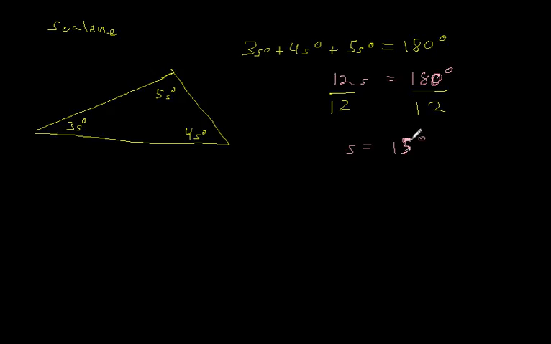But be careful, because you're not done yet. In fact, you've got to substitute 15 back into each angle measure. So let's start with 3s degrees. Well, that equals 3 times 15, and 3 times 15 is 45 degrees.